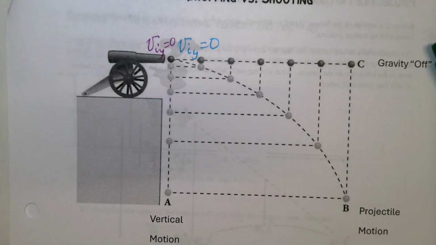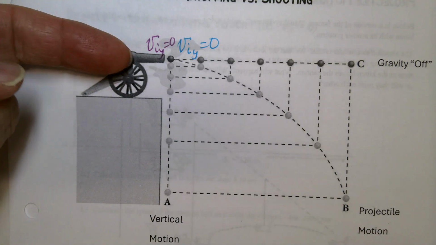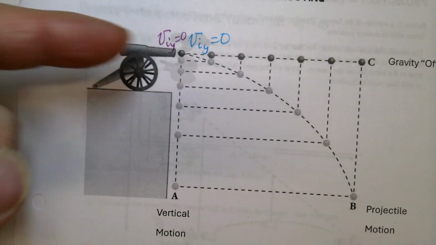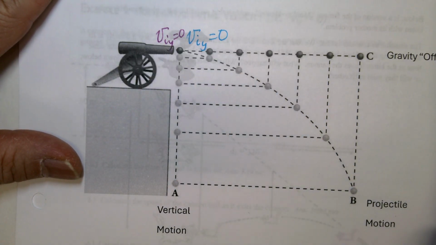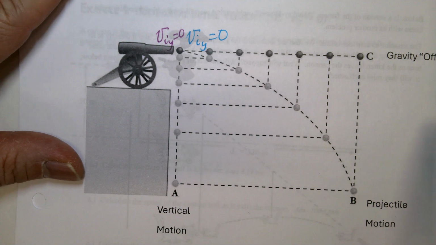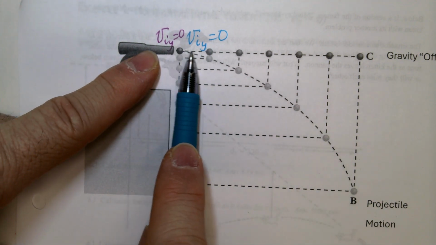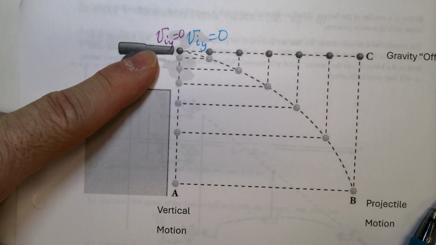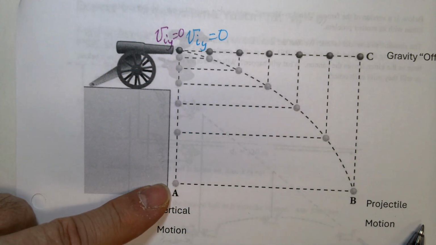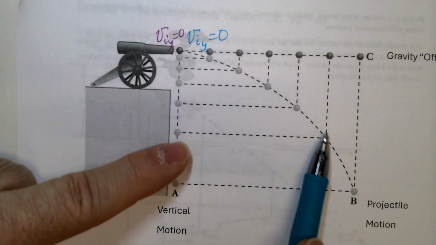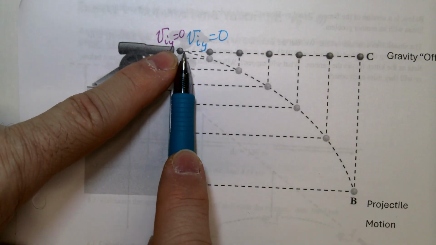The horizontal motion, whether I fire this thing at a slow speed or medium speed or very fast speed, the only difference is the medium speed will go further in x direction before it hits the ground, but it will still hit the ground at the same time as the slow speed versus very fast speed.